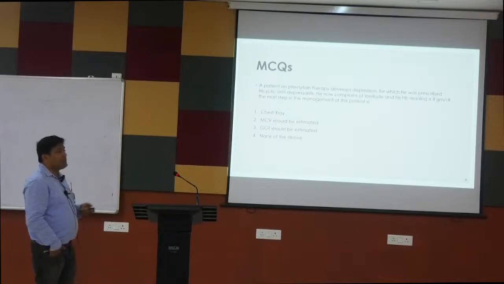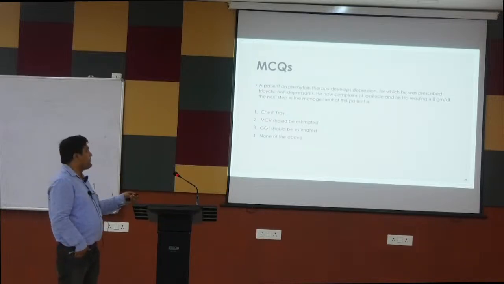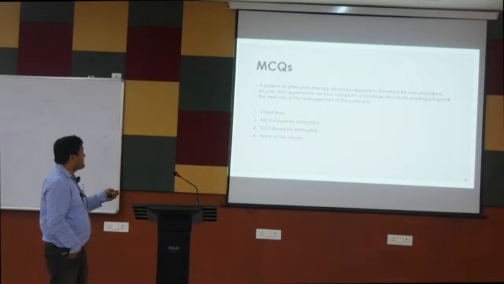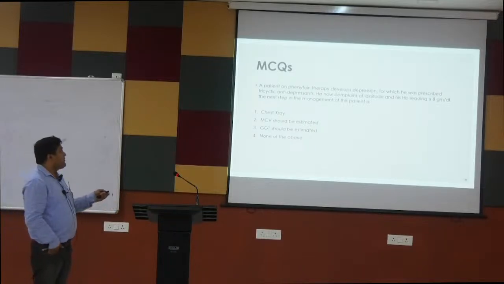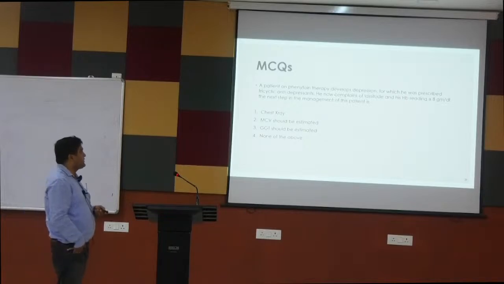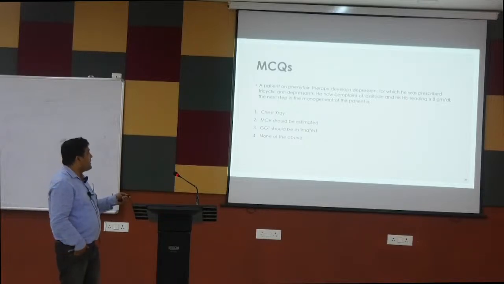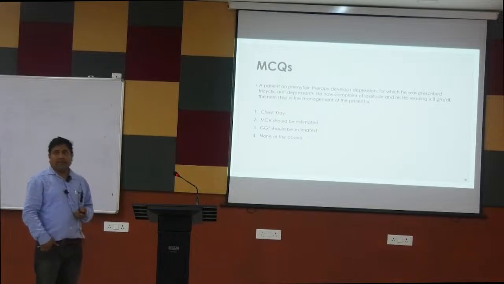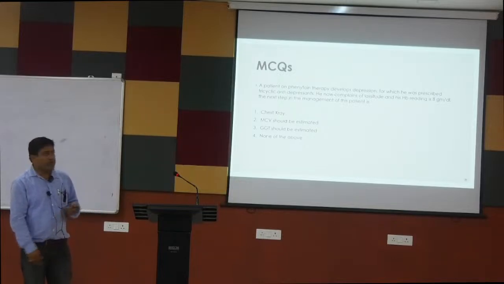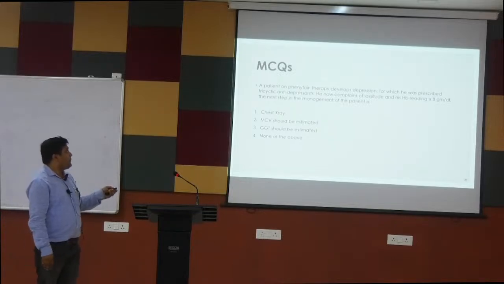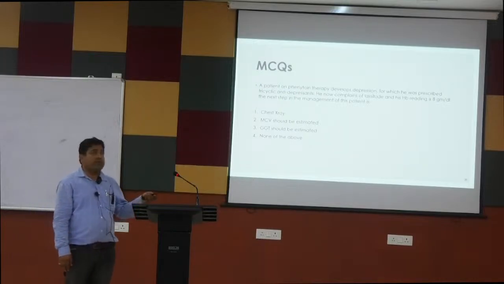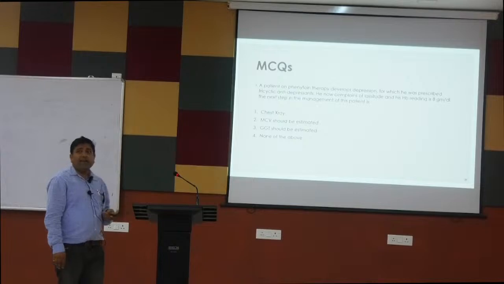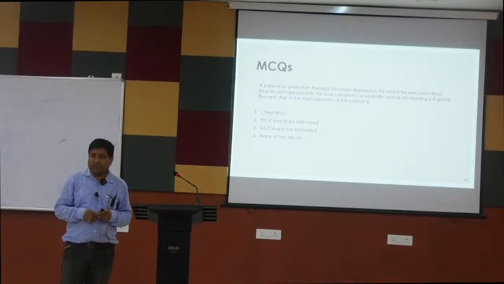A patient on phenytoin therapy has depression, for which he was prescribed a tricyclic antidepressant. He now complains of lassitude and his hemoglobin reading is 8 gram per cent. The next step in the management of this patient? Basically, in a patient on phenytoin therapy who is prescribed a tricyclic antidepressant, there is a drug interaction.